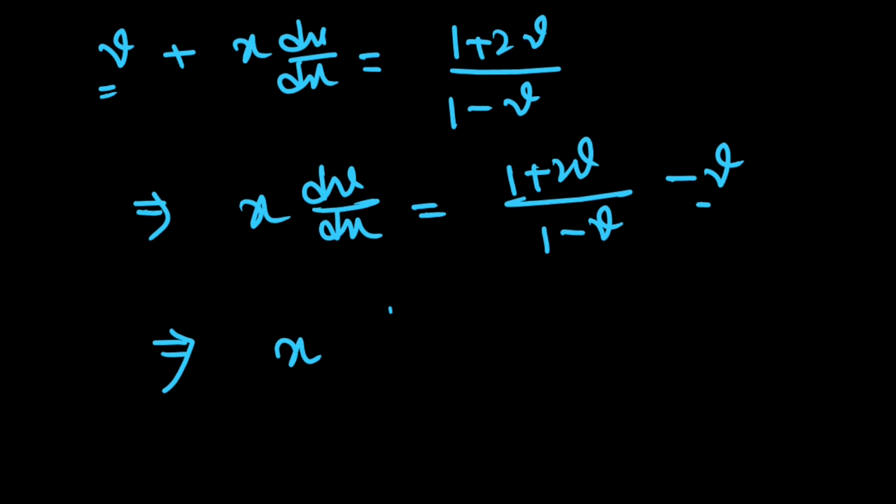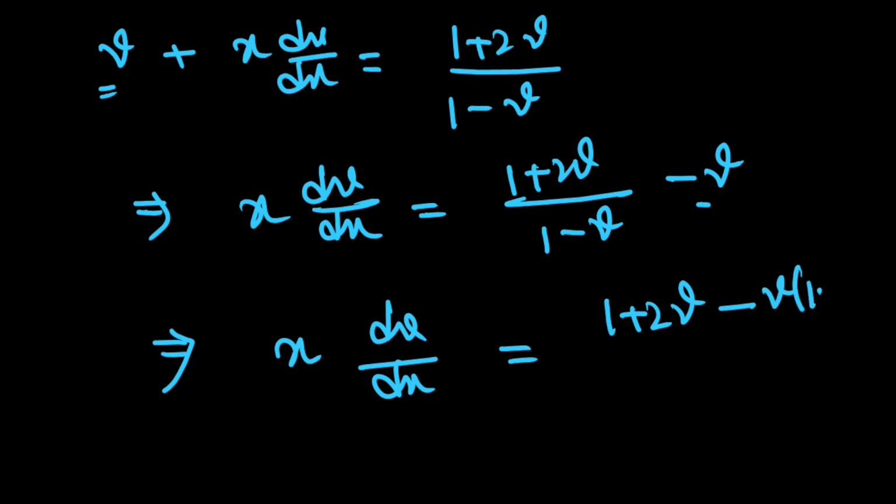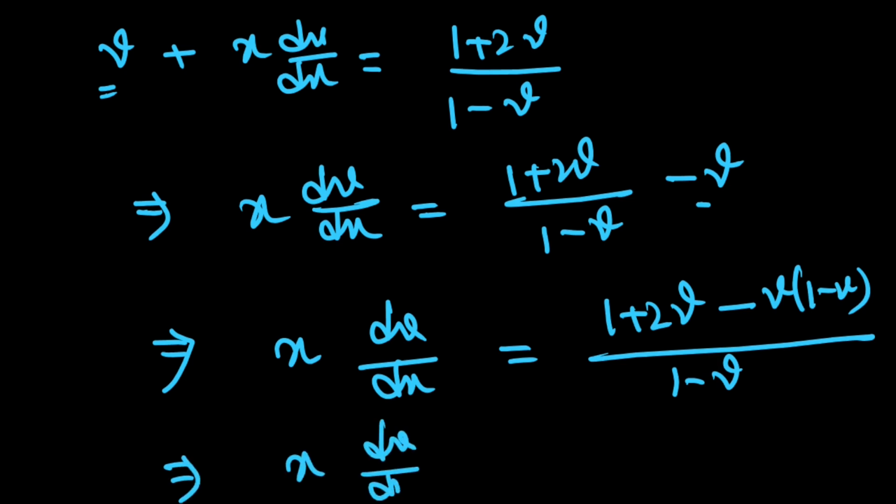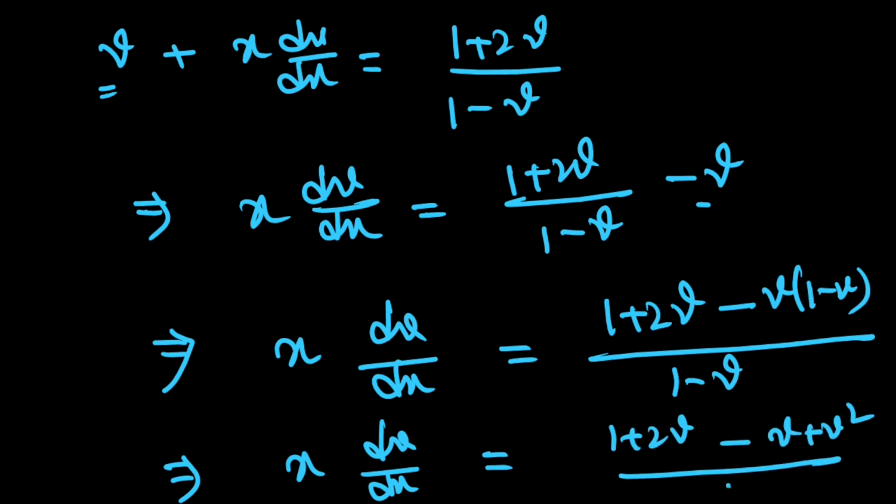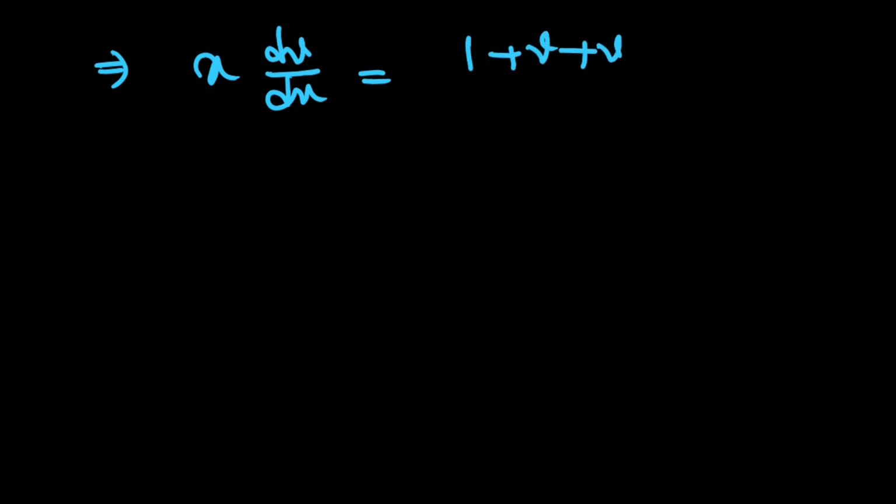So x dv dx is equal to (1 plus 2v minus v into (1 minus v)) over (1 minus v). So this implies x dv dx is equal to (1 plus 2v minus v plus v square) over (1 minus v). So therefore x dv dx is equal to (1 plus v square) over (1 minus v).